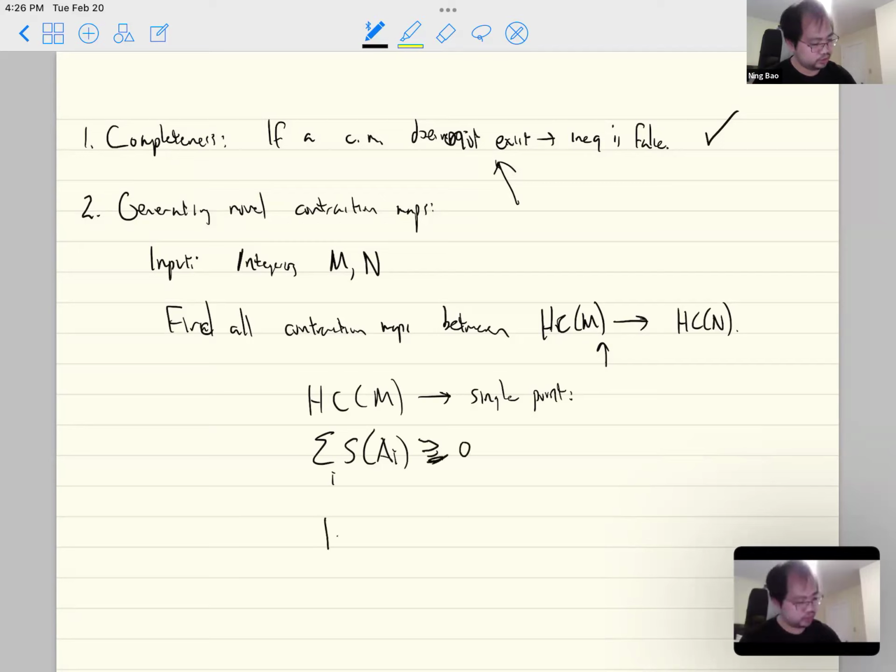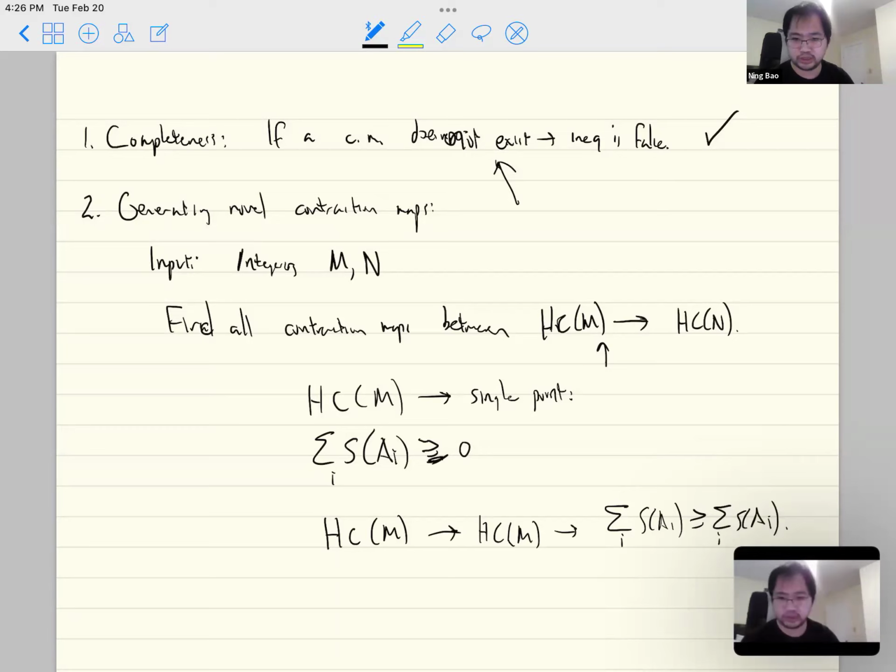And if I do an isomorphic map from a hypercube of dimension m to the exact same hypercube of dimension m, mapping every vertex to its corresponding vertex one-to-one, then this corresponds to the inequality that the sum over i of S of A_i is greater than or equal to the sum over i of S of A_i. So it's tautologically true, and these are uninteresting. But if I can find a complete classification, then I will by construction have found all of the interesting ones.